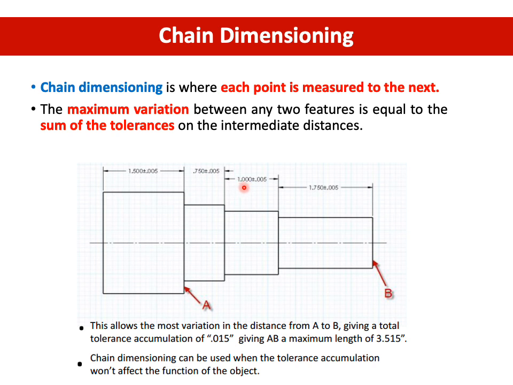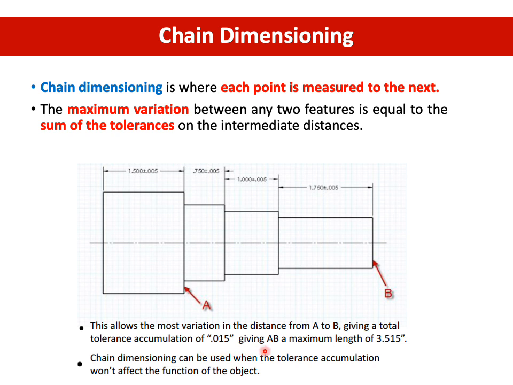0.750 plus 1.000 plus 1.750. First add up all of them, but it also applies to your tolerance limit. If you add up the tolerance limit 0.05, it is the same, so 0.05 times 3, you will get around 0.015.